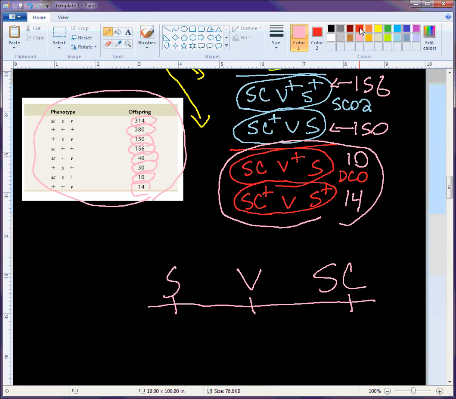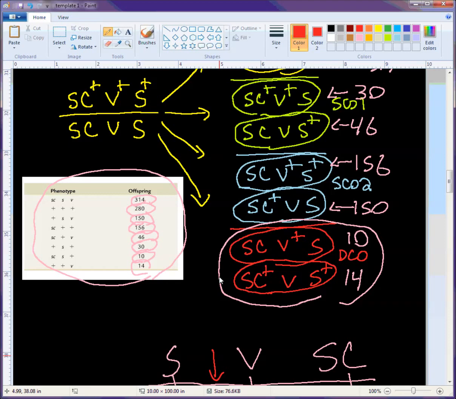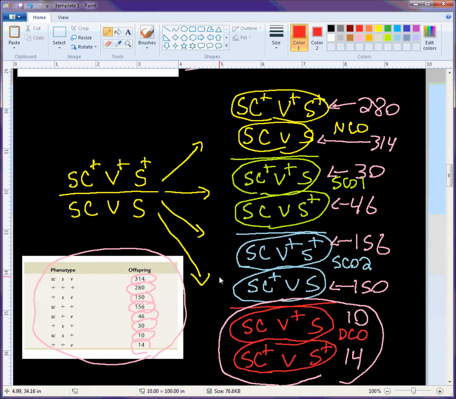So to do that, trying to change back to the red pen. Okay, so for that we need to sum the total number of progeny that resulted from gametes that underwent a crossover between S and V. Okay, now let's take a look up here.